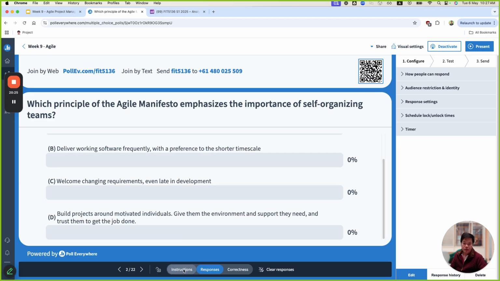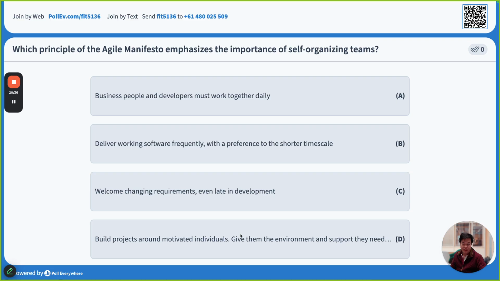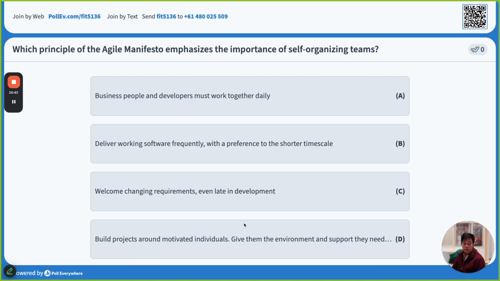Which principle of the Agile Manifesto emphasizes the importance of self-organizing teams? First, business people and developers must work together daily. Deliver working software frequently, with a preference for the shorter time scale.